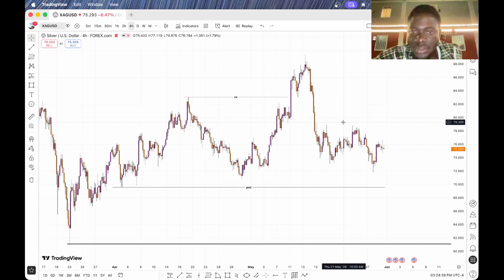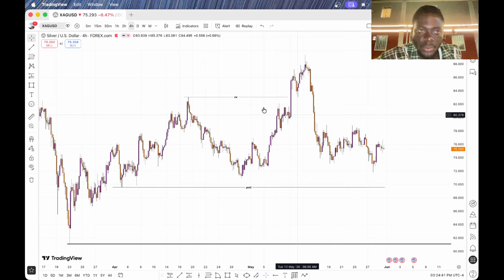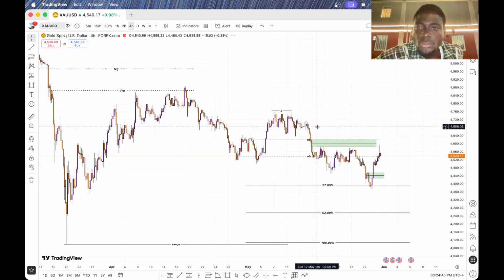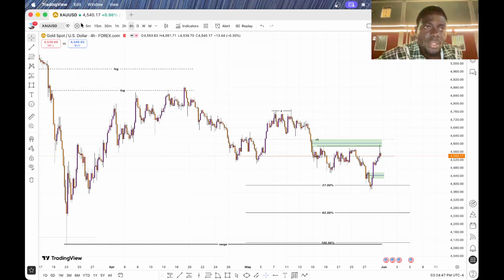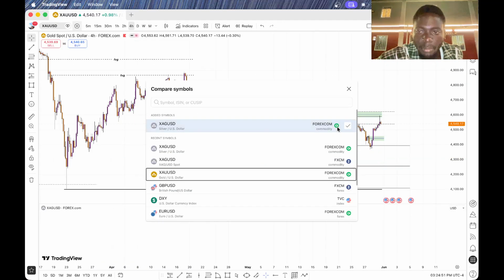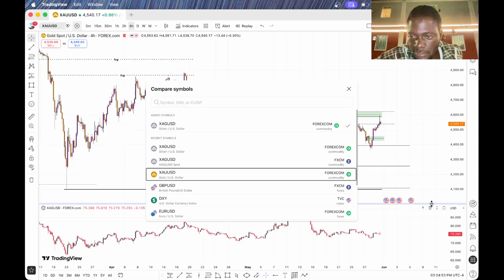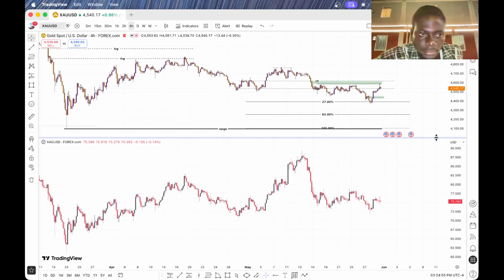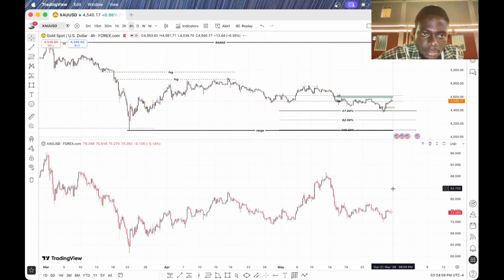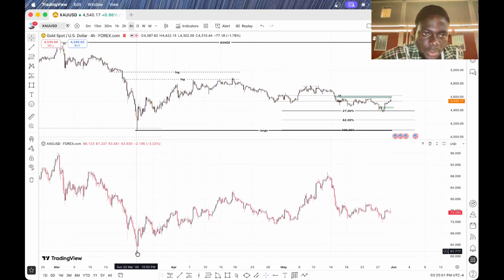Okay, I'm convinced silver is going to continue going up because let me see something. When it gets difficult, I pull out this move. Let's start from here. Lower low, higher high, higher high, higher low, higher low.